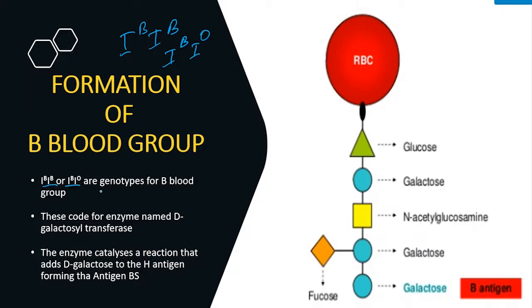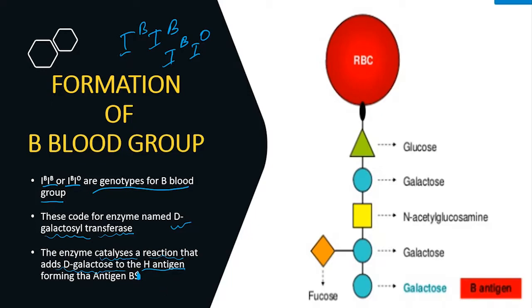This I have mentioned here, and these are the genotypes for the blood group B, and they code for an enzyme which is called D-galactosyl transferase. So the B variant is catalyzing a reaction which adds D-galactose to the H antigen base.